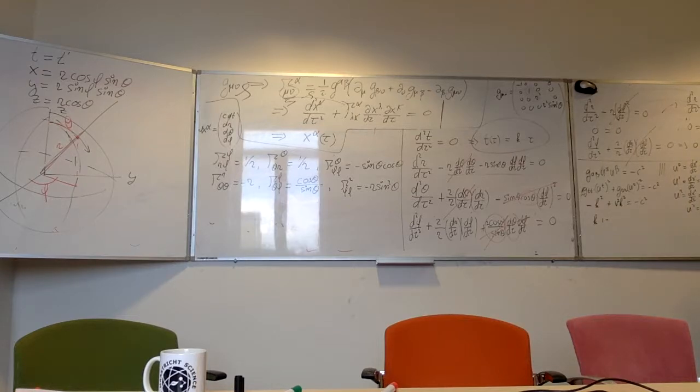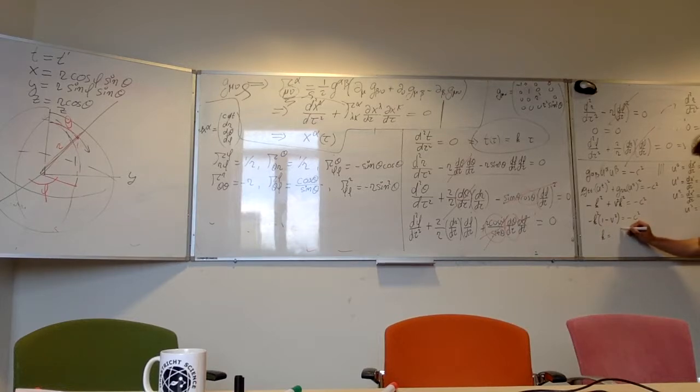Minus. Am I missing a minus? I think so. There's something wrong between the brackets: it should be 1 minus v squared, not plus. Yeah, there should be a minus.